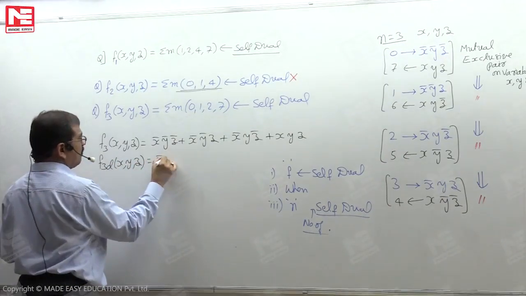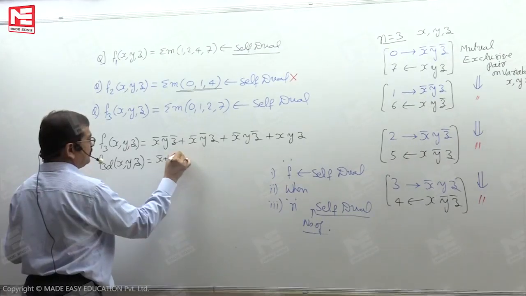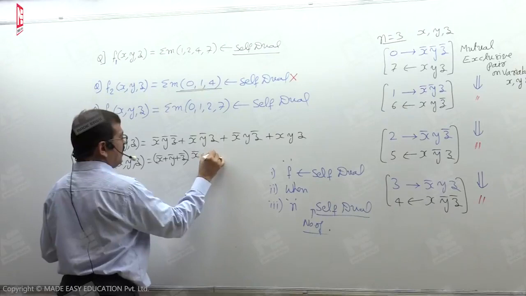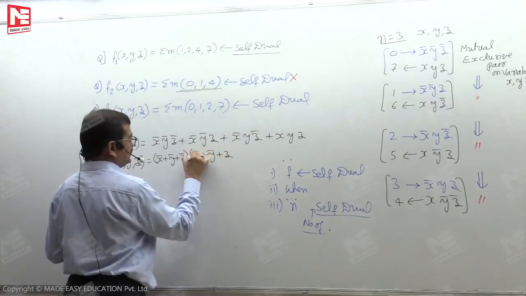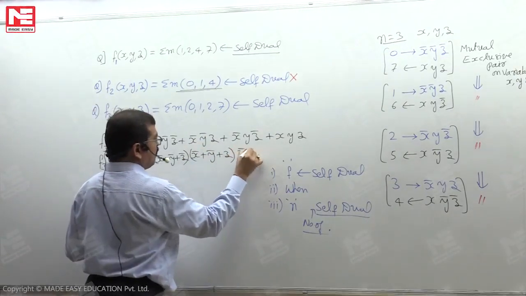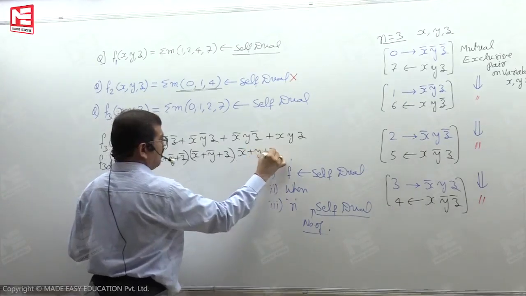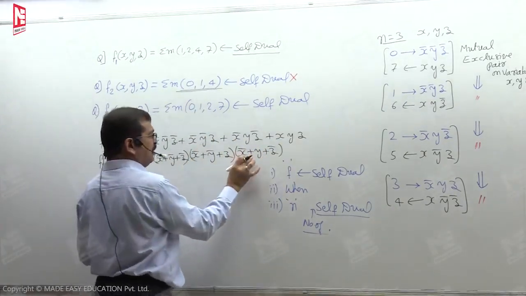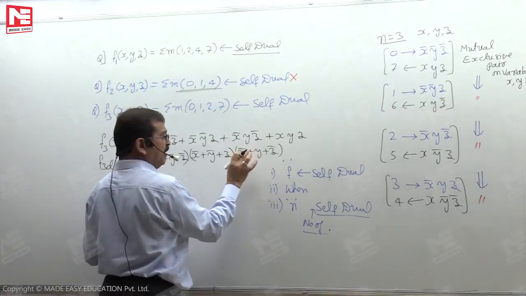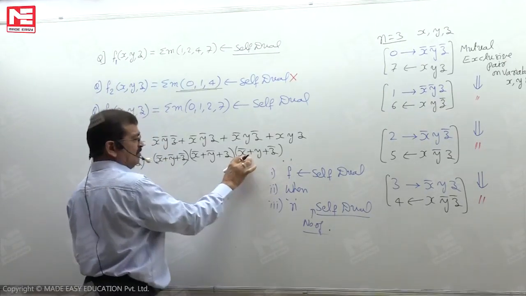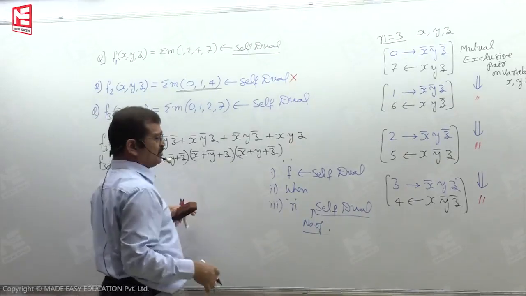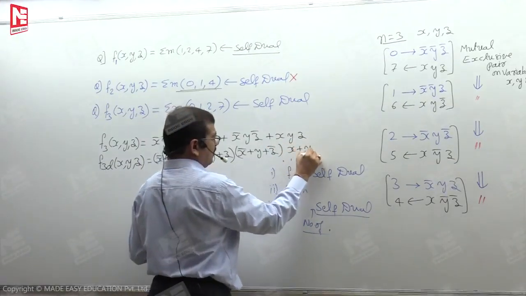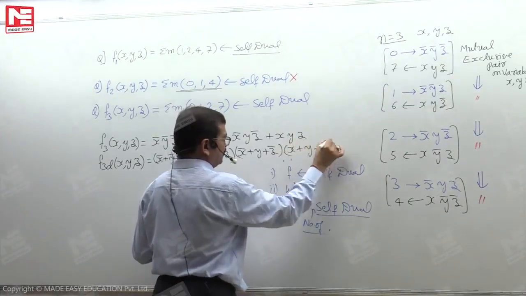Then it is x complement or y complement or z complement, and with x complement or y complement or z, and with x complement or y or z complement. I mentioned some time back, don't say plus, say or. It's the best way to speak. So the next term will be x or y or z.